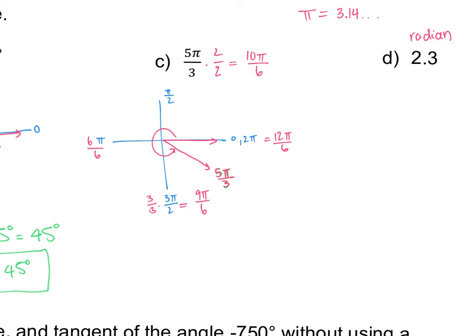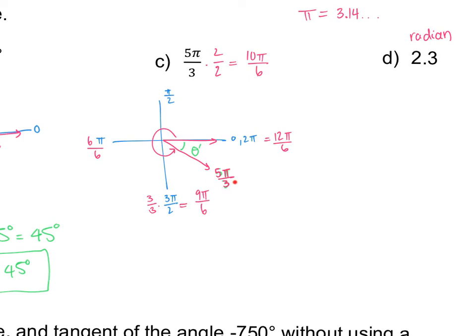So when I'm looking at this here, I need to figure out what the angle here is. What I could do is take a look. This here is 2 pi, and this here is 5 pi over 3.